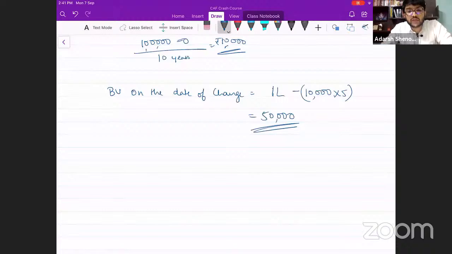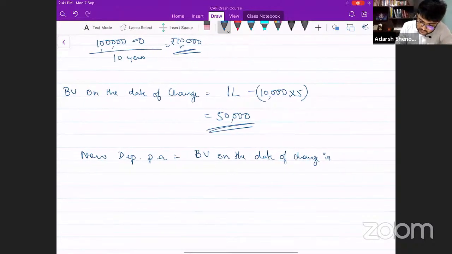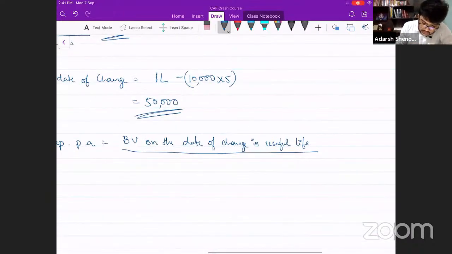What is the new useful life? How many more years am I telling? 10 years. I am telling 10 more years. So what we have to do is, new depreciation is equal to book value on the date of change in useful life, divided by, if there is any scrap value, we will have to minus that scrap value.